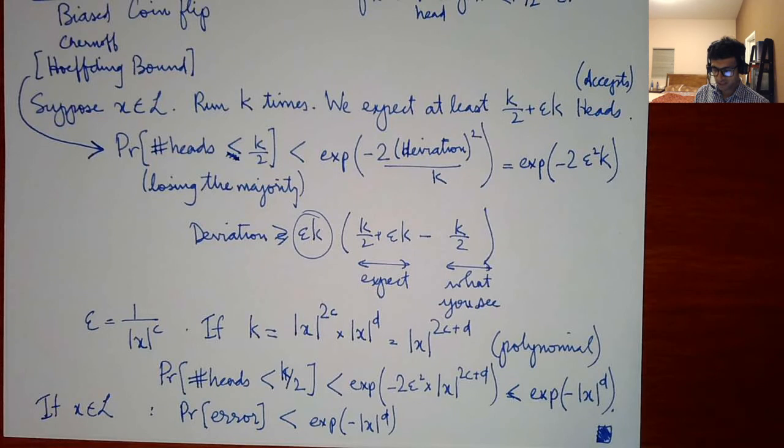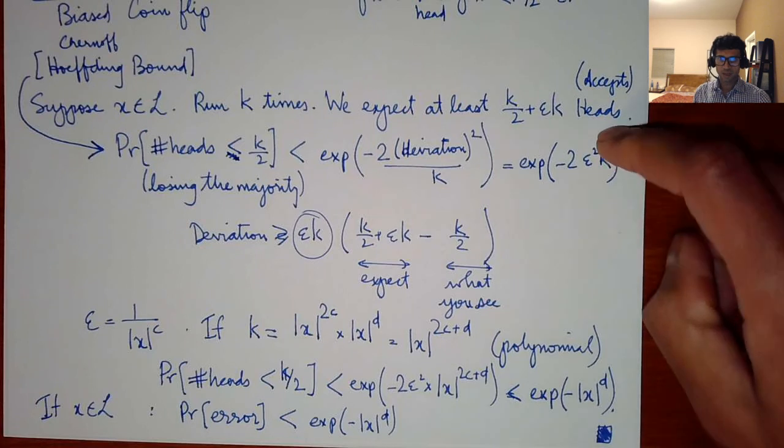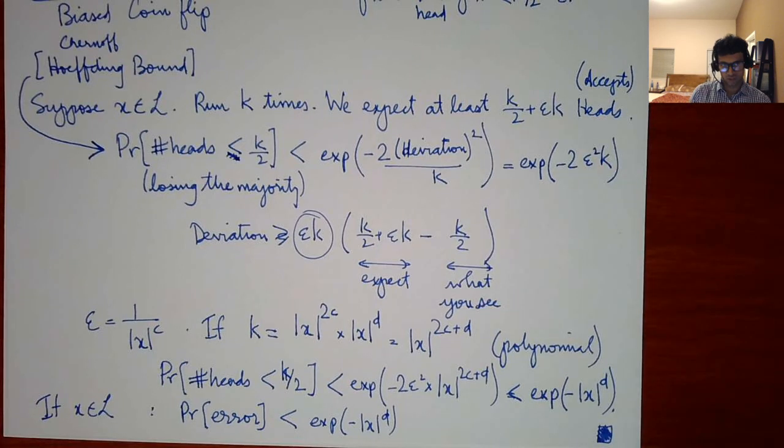Except in this case, your coin is biased. It's biased in a particular direction. What is the probability that when you flip things, you'll still see the bias? What you want is to see the bias. So how many flips do you need to do so that you can reliably see the bias?